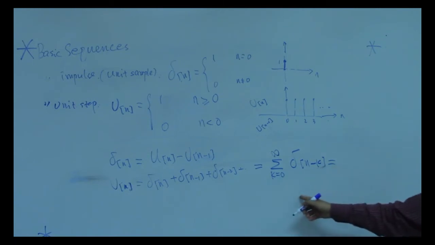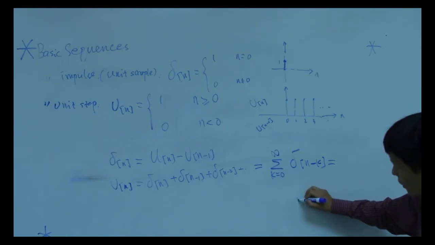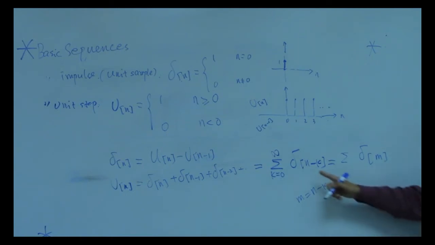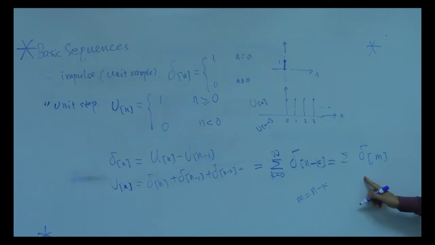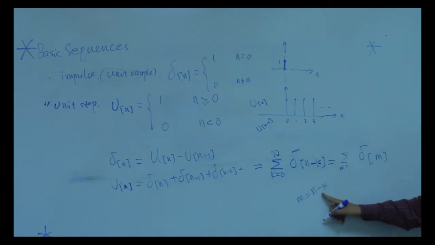Alright. We can use the next representation similar to this, using a change of variables. So for example, I use m to represent n minus k. So this one will be the sum of δ[m], because I use m to represent n minus k. Make sense? Alright, so what is this summation over m? So m equals what? When k equals 0, m equals n.